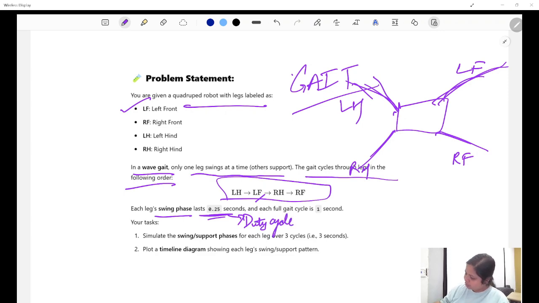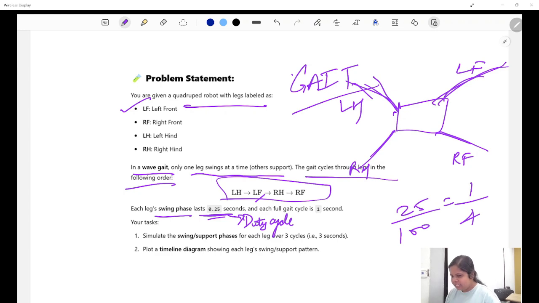Duty cycle means 25/100, that is 1/4. That means 15 seconds in a minute, but they are talking about 1 second only. If you're talking about 1 second, in a minute it would be 15, right? 60/4.